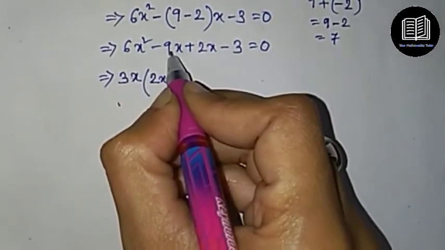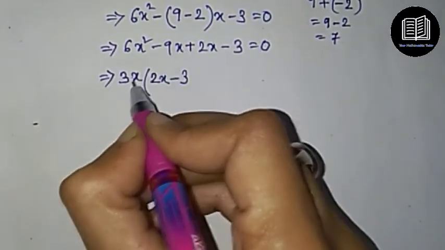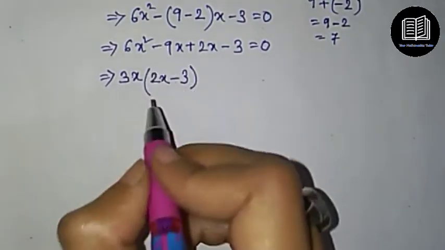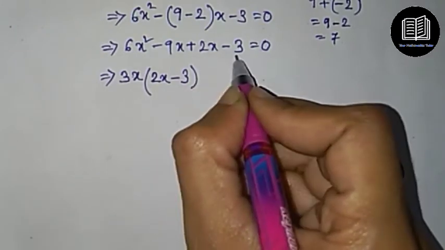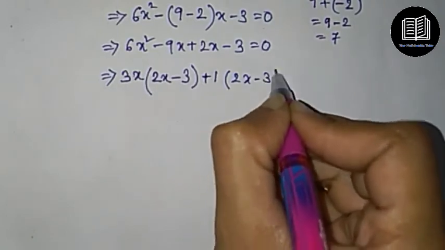Minus, if we take 3 common, 3 threes are 9, so 3, and x is taken out as common, so 2x − 3 is the remaining part. Here what can be taken out as common? No, 1 is common. 2x − 3 = 0.